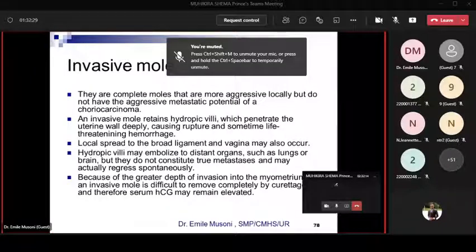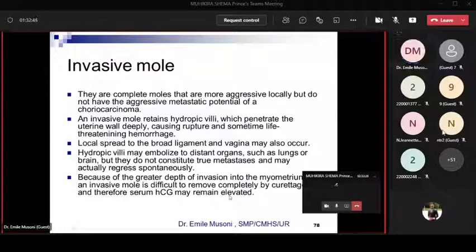It is difficult to remove completely by curettage, and therefore serum HCG may remain elevated. How do you know if you have done the curettage of those molar tissues, and you are still having HCG elevated?